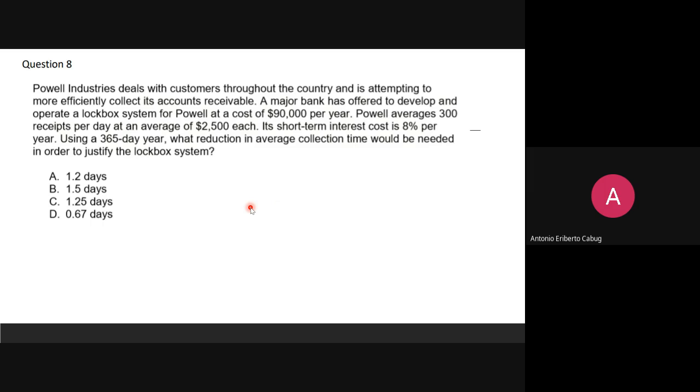The daily collection is 2,500 times 300 receipts, $750,000. So, ilang araw kailangan niyang bawasan dito sa ating collection float?